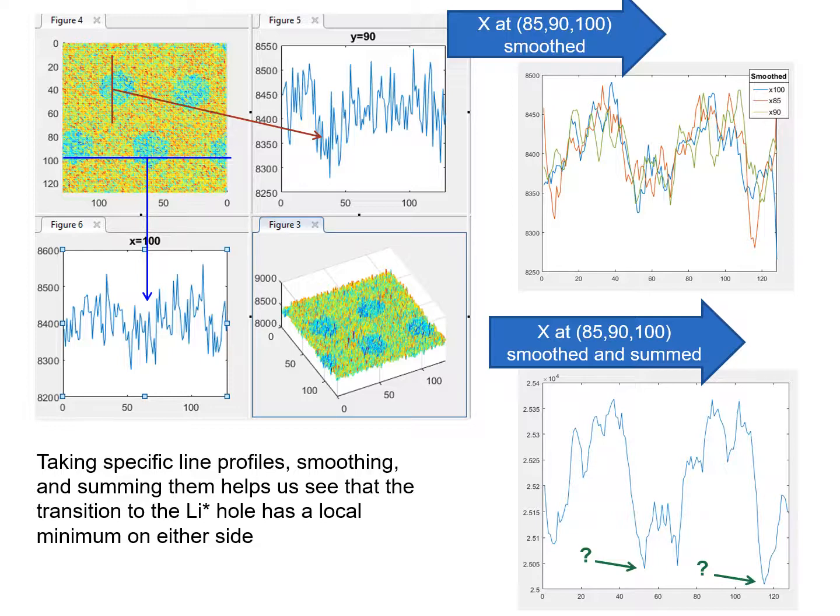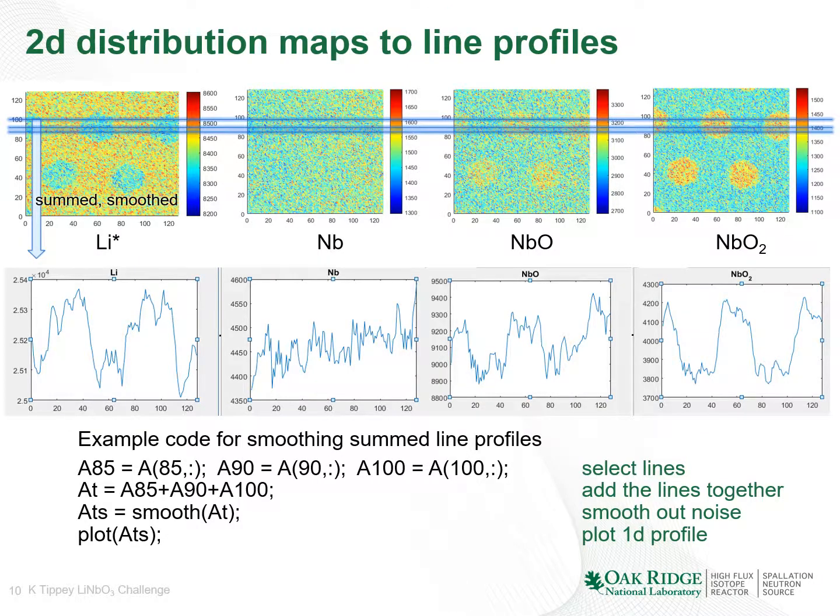So here you'll see we have some preferential partitioning away from whatever these boundaries are, and definite peaks and valleys. I turned this whole 2D distribution map into a line profile technique for all of the species that I identified as being significant peaks in the data.